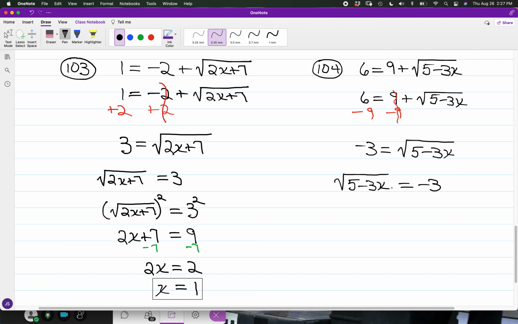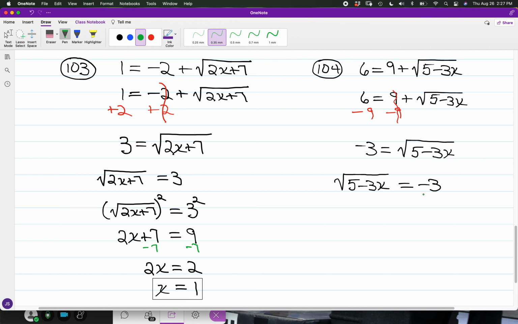And if you notice we have an even root radical expression, and again with the principal square root rule, the principal square root rule states that the even root of an expression cannot reduce to a constant that is negative. Before we had the even root of an expression equal to positive 3. Now we have the even root of an expression trying to reduce to negative 3.